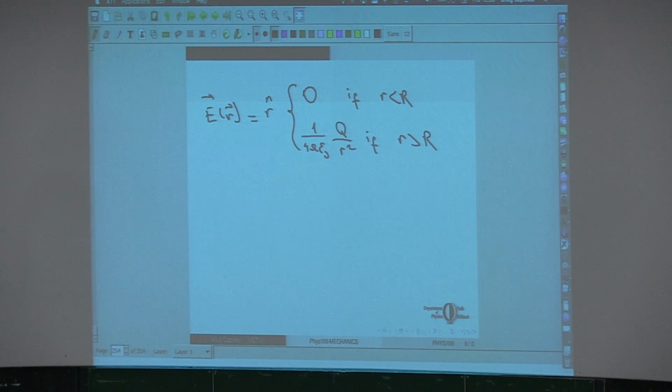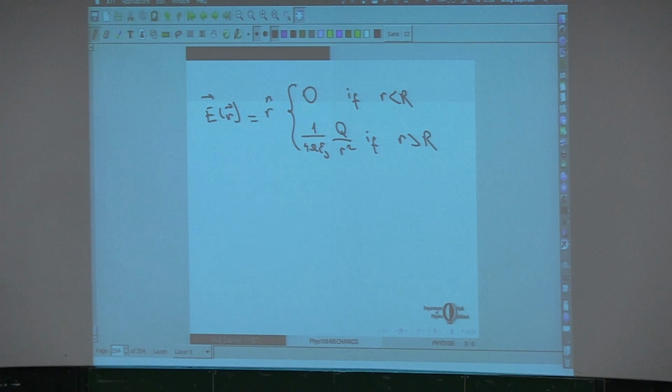The electric field created by the shell is the same as the electric field created by a point charge at the center of the shell. Again, this equality is valid only if you are outside the shell.